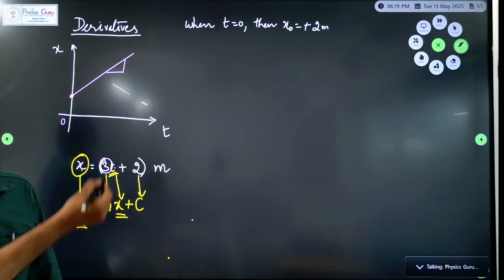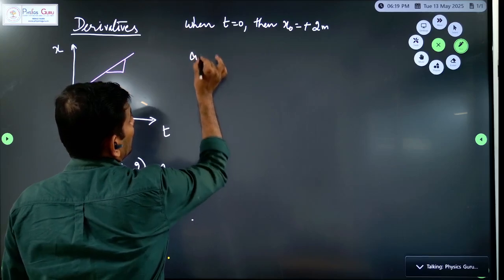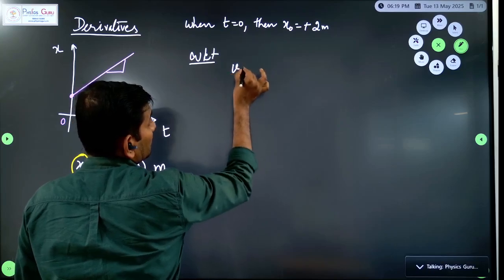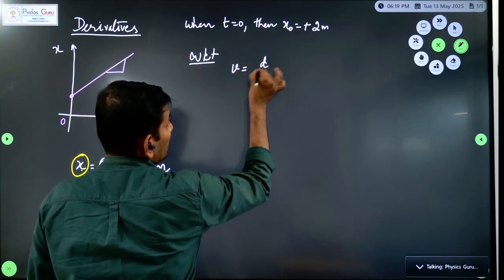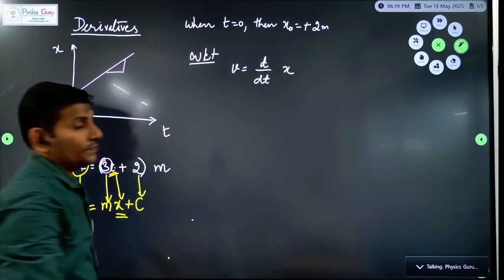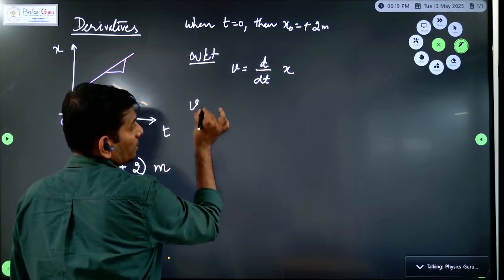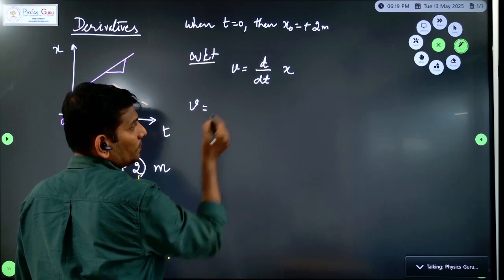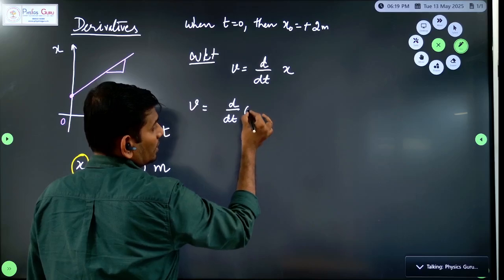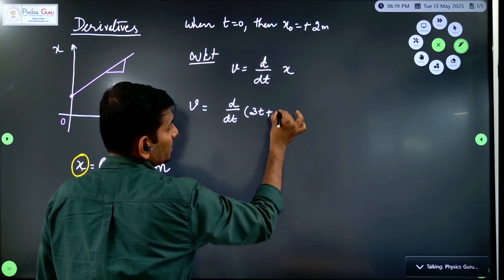Correct? Just now we saw this. Now I am going to calculate. We know that velocity is equal to d by dt of displacement x. So I can write this. Velocity is equal to d by dt of, what's the displacement equation that we have? 3t plus 2.